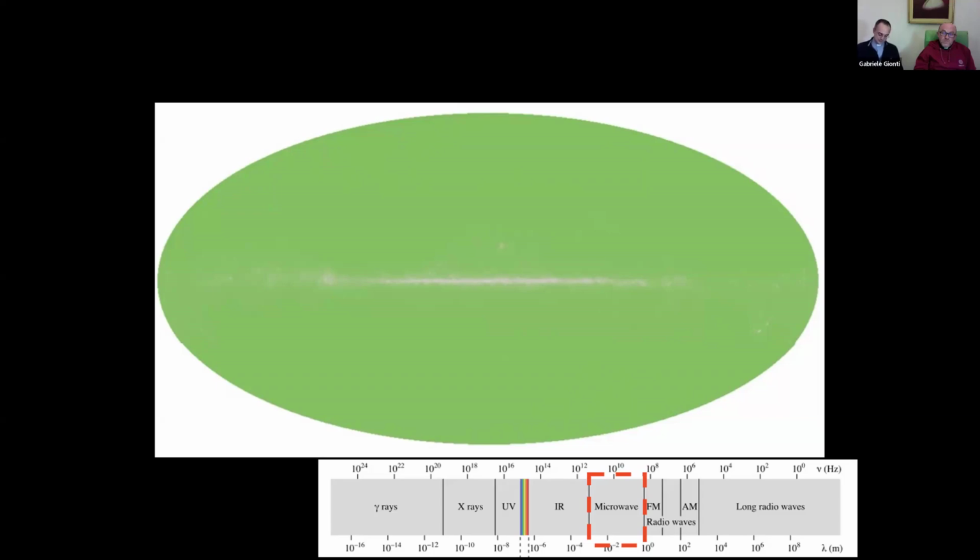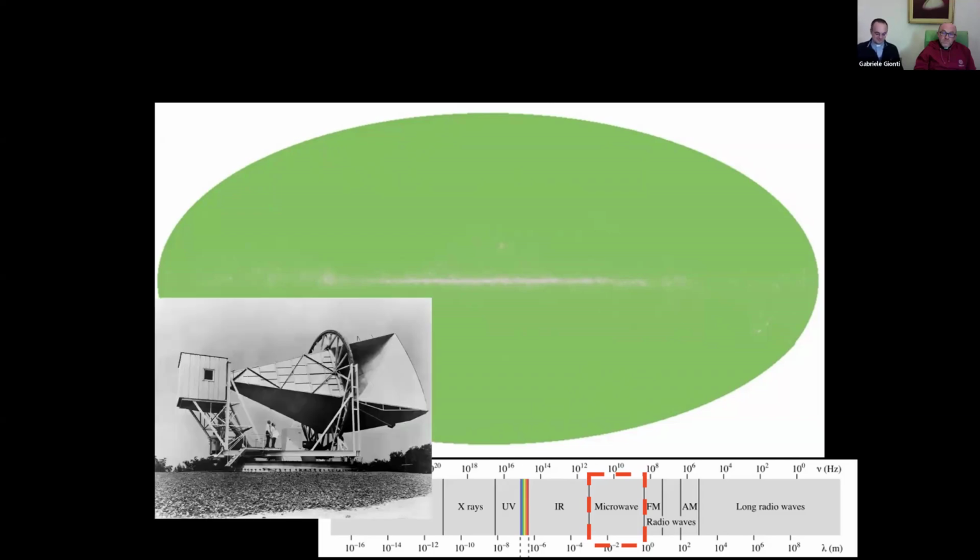The CMB was discovered, let's say, by chance, by two physicists, Penzias and Wilson. They were radio astronomers at the Bell Laboratories, and they found this signal coming from every direction.